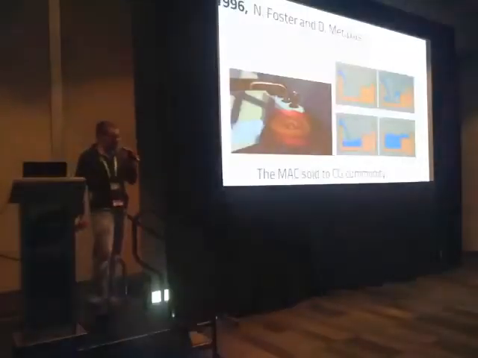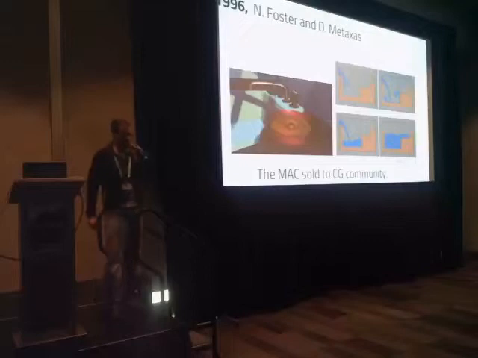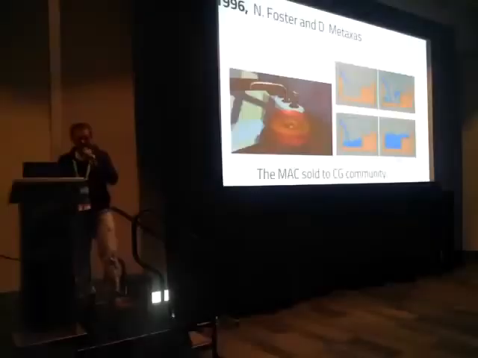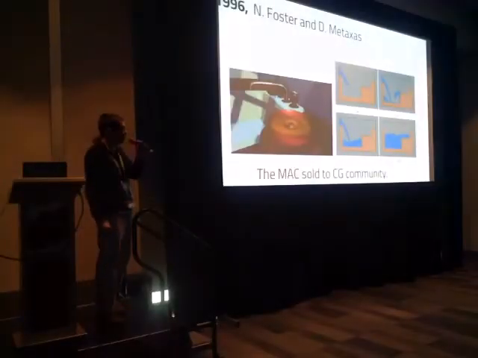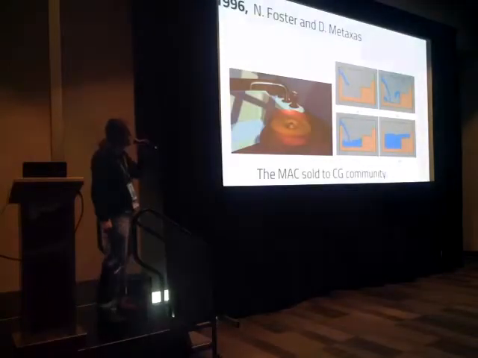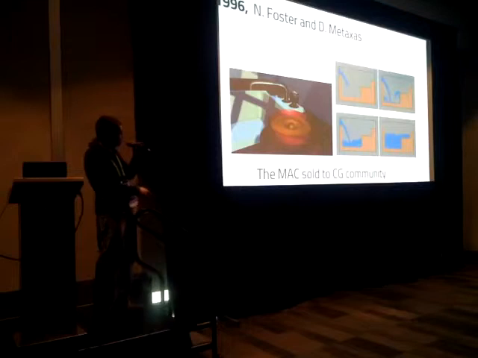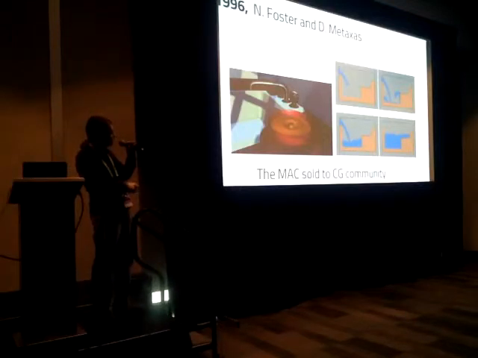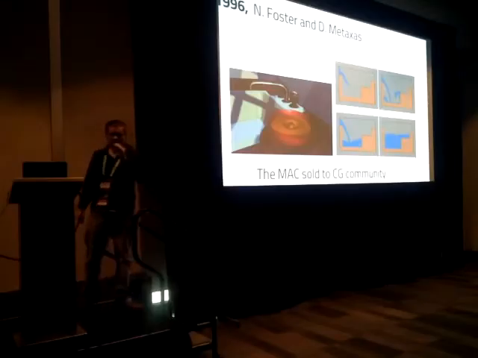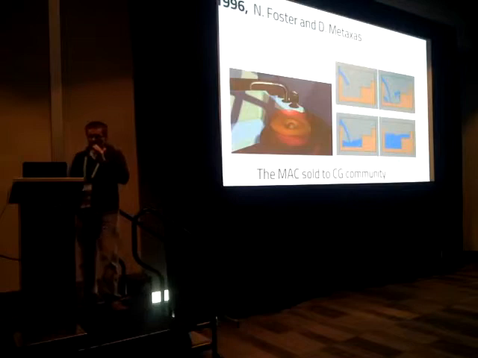And so in 1996, because there were, of course, people who wanted to bring this to the computer graphics community, there was a very famous paper from Nick Foster and Dimitri Metaxas, who basically presented a method to simulate free surface flow. It was 2D and 3D, though the original paper was in 3D only for axisymmetric flows.